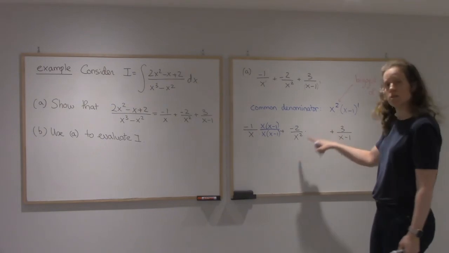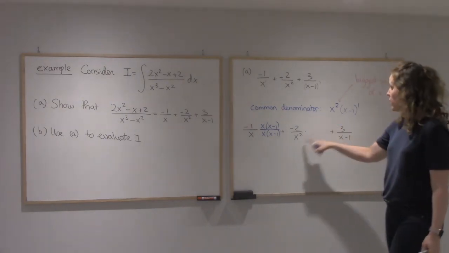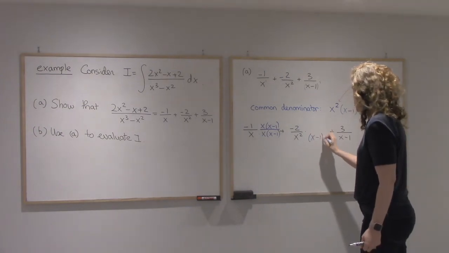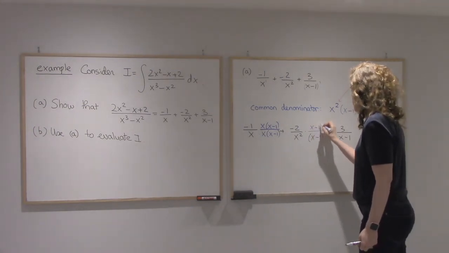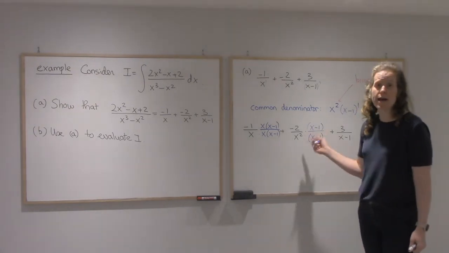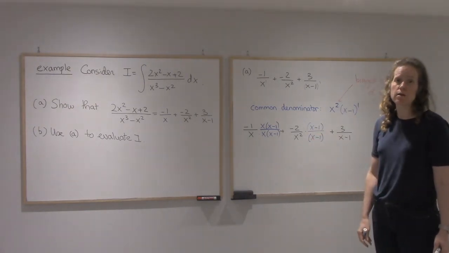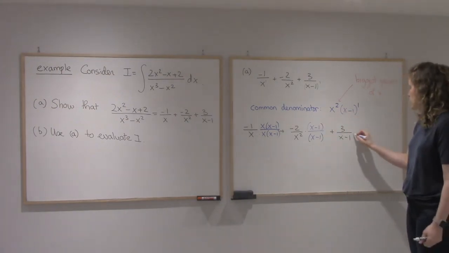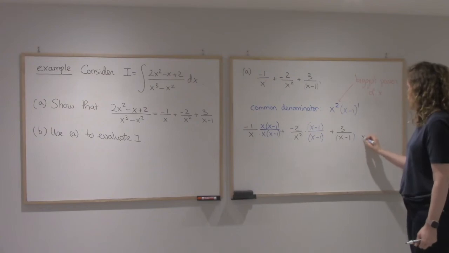In this case, I have the x squared. I'm missing x minus 1. So I'm going to multiply the second term by x minus 1 over x minus 1. That's going to get it to the right denominator. This one, I'm missing x squared.